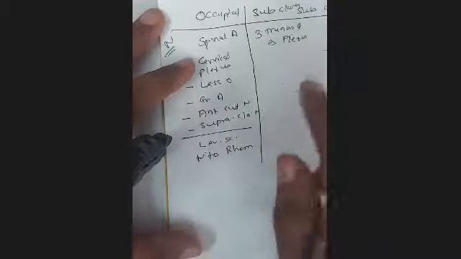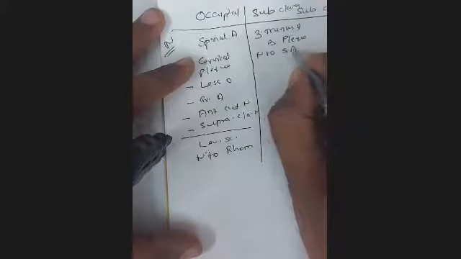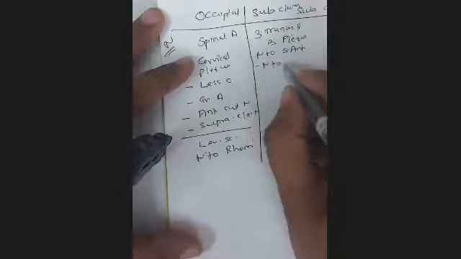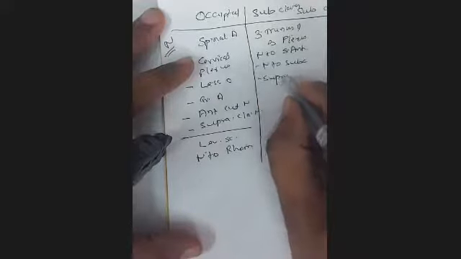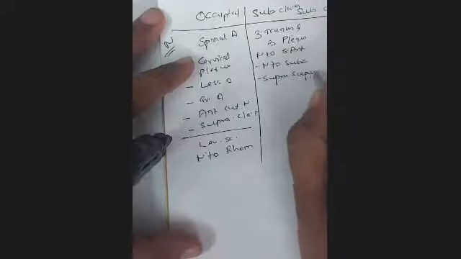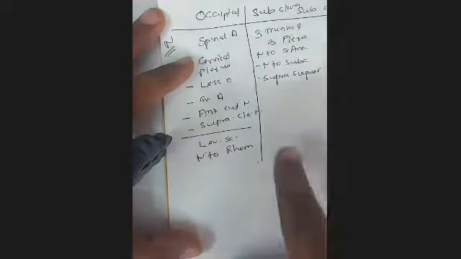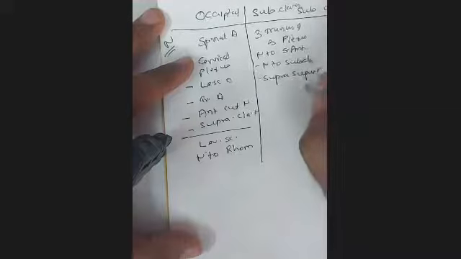What are those nerves? Nerve to serratus anterior muscle, then nerve to subclavius, and suprascapular nerve. So there are three trunks of the brachial plexus, and four nerves which arise from it: nerve to rhomboids, nerve to serratus anterior, nerve to subclavius, and suprascapular nerve.